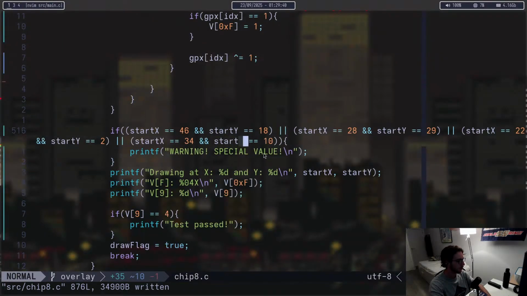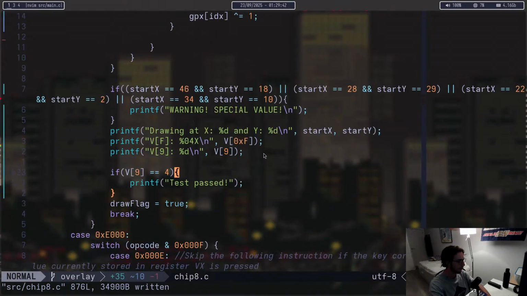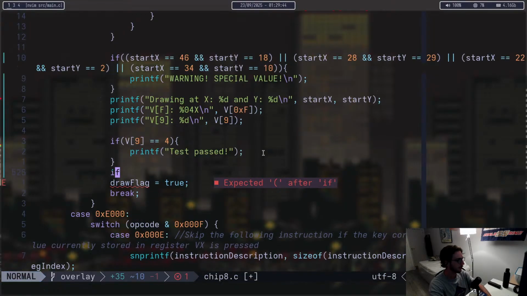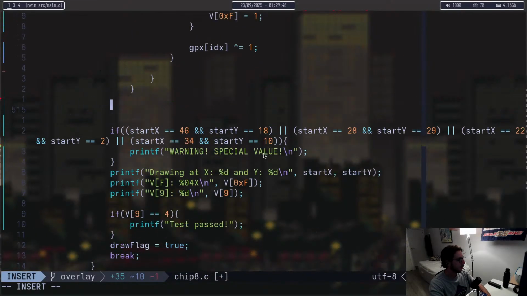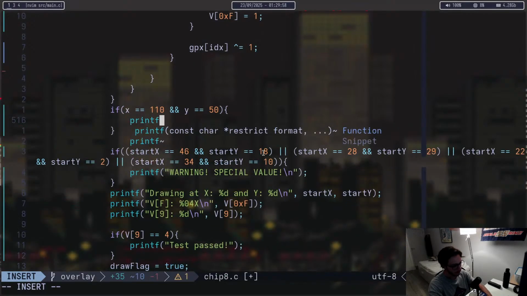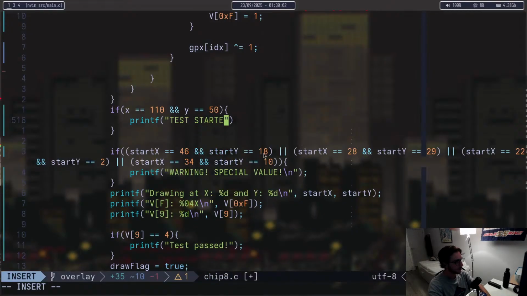Okay, so I should have some sort of thing where if x equals 110 and y equals 50, test started.